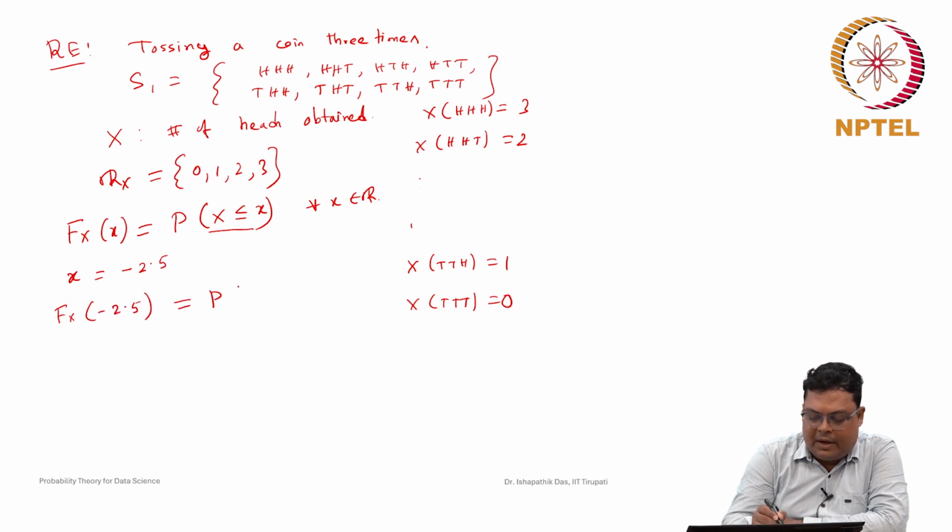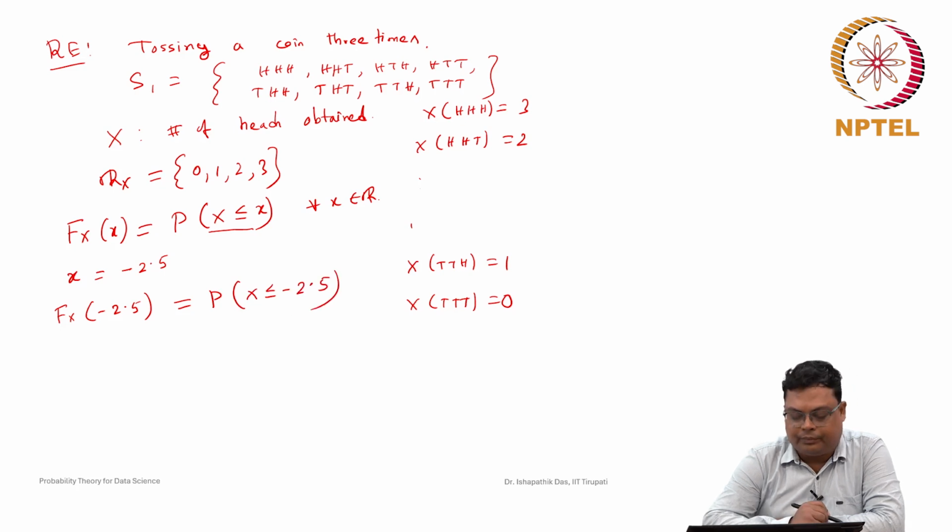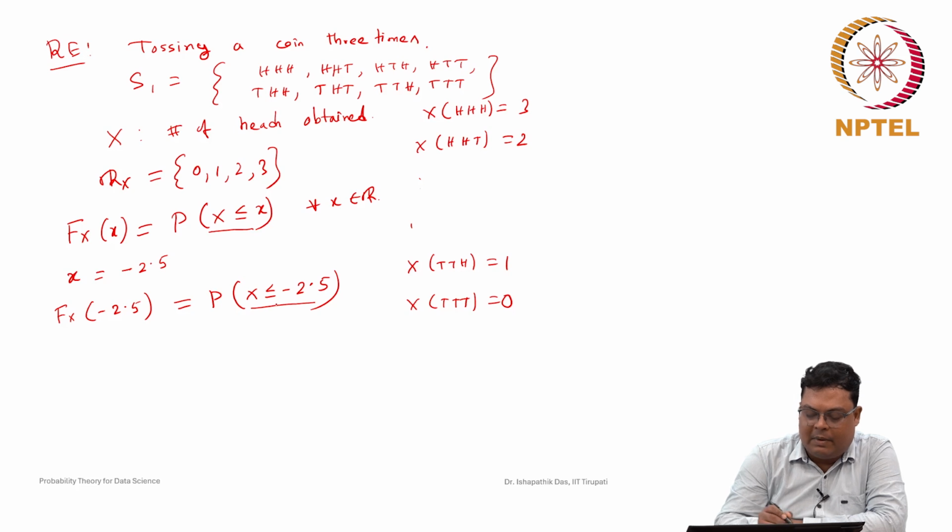So what will be F of minus 2.5? This is the probability that X is less than or equal to minus 2.5. Now, whenever you want to find this, first you have to find the event corresponding to this random variable. So what is this event, X less than or equal to minus 2.5?